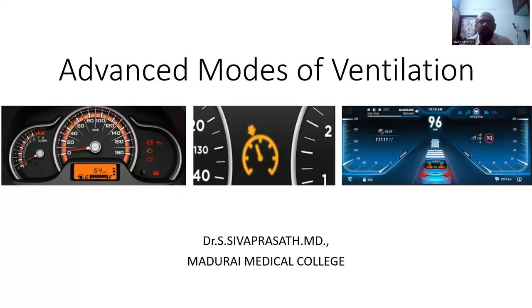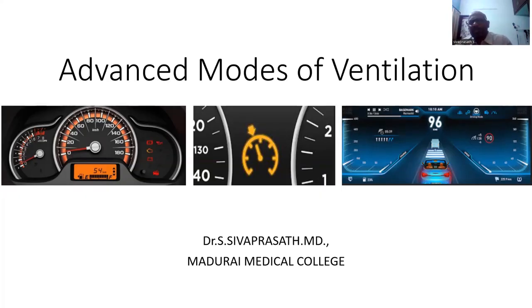So in this, you can see that there are 3 speedometers. The first one is a very basic car. It just has a speedometer, fuel gauge, and a temperature monitor. The second one has cruise control. That is, you can sit relaxed. Once you are on a straight free road, you can sit relaxed and set a speed and go in that.